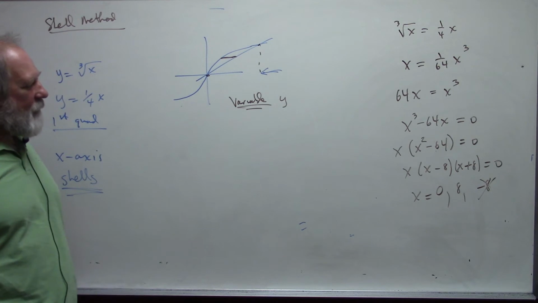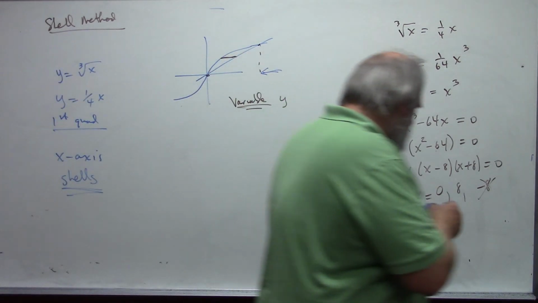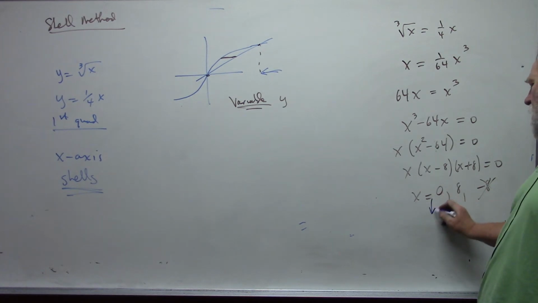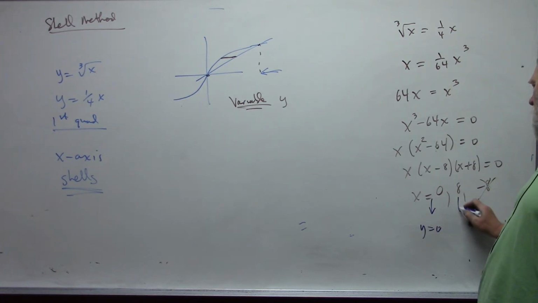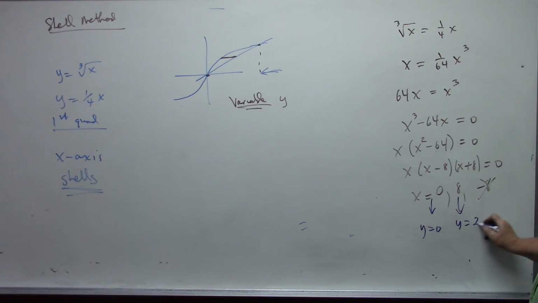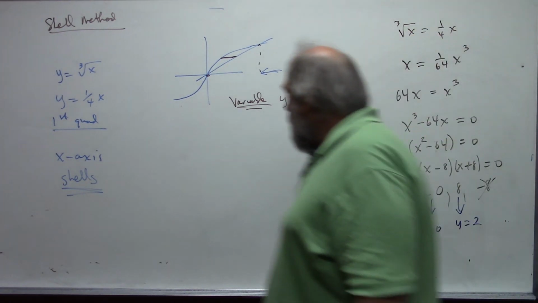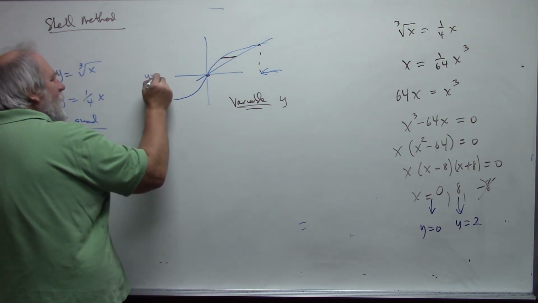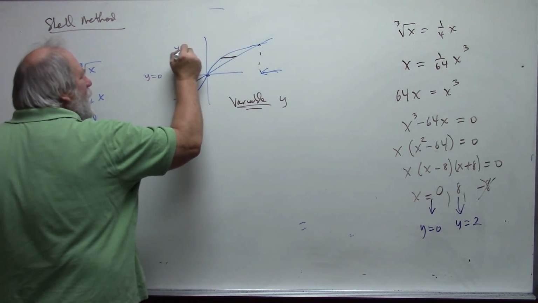So I have to change these. Instead of x being 0, we have y equals 0. And instead of x being 8, we get y equals 2. So now I know where my rectangles are going to go from: y equals 0 to y equals 2.